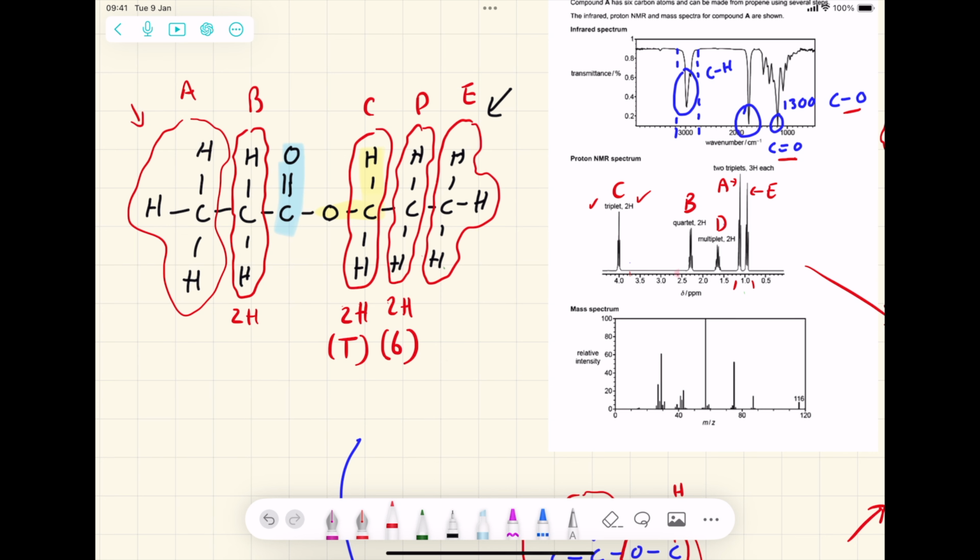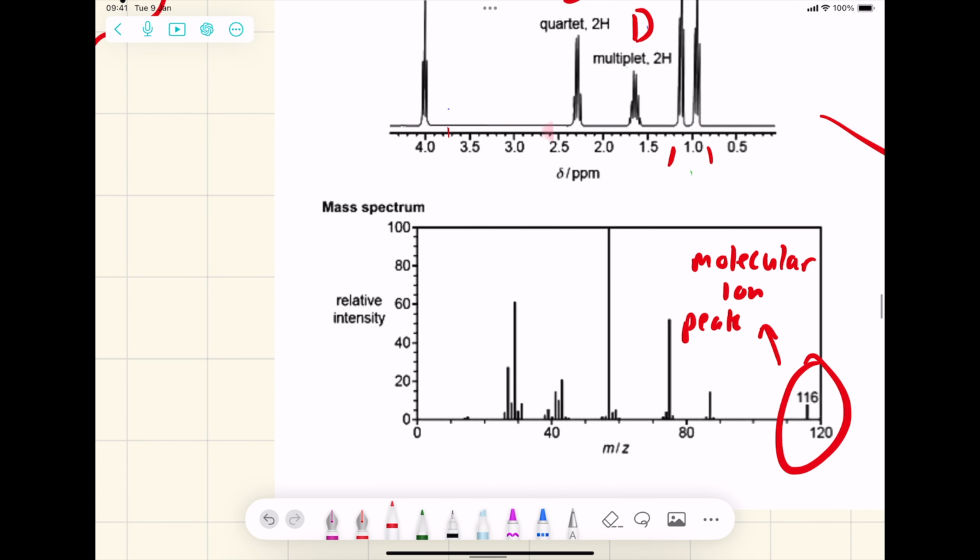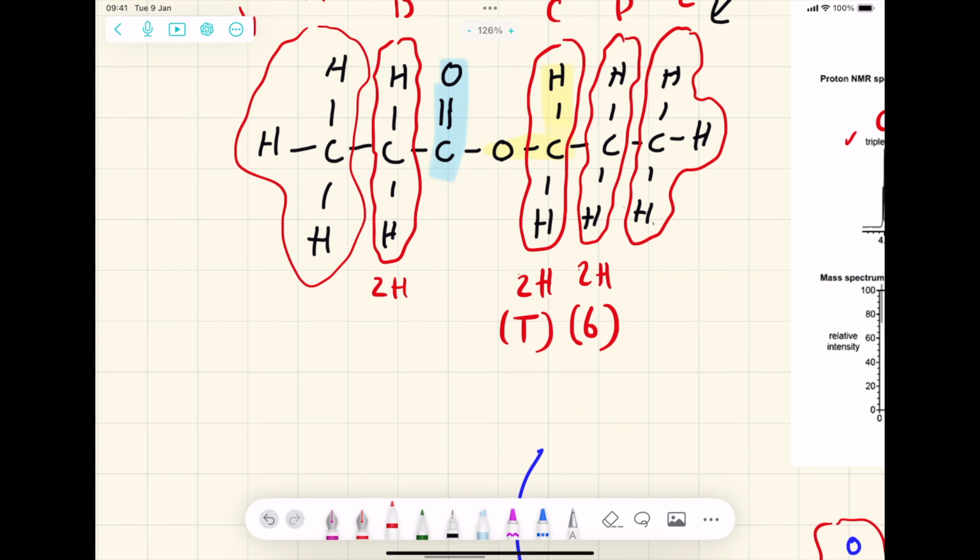Lastly, we can take a look at the mass spectrum. By far the most important peak from a mass spectra is the last one, which tells us the mass of the molecule, which according to this is 116. The name for this peak, by the way, is the molecular ion peak, and it tells us, as I said, the overall mass of the molecule. If you look at my molecule, let's do a quick check.